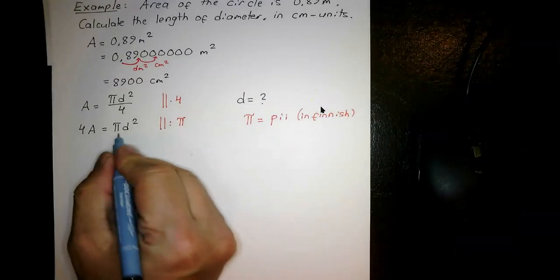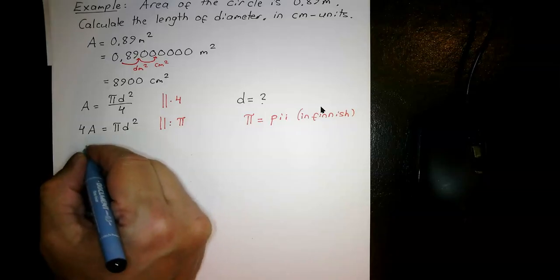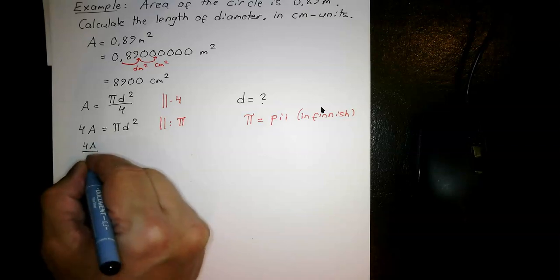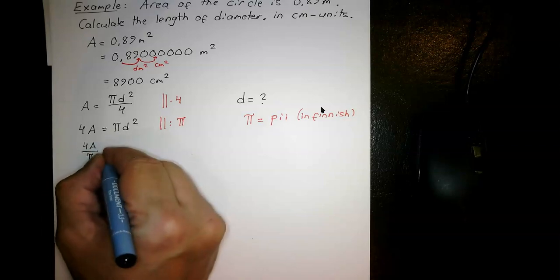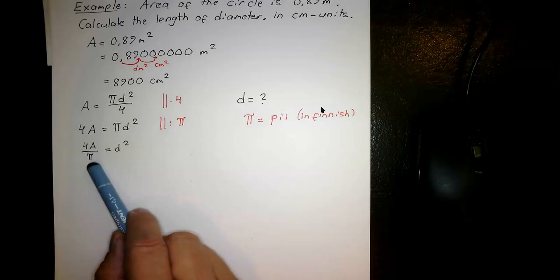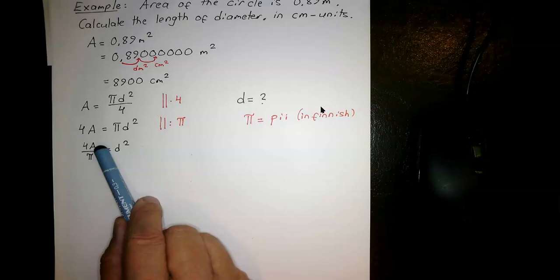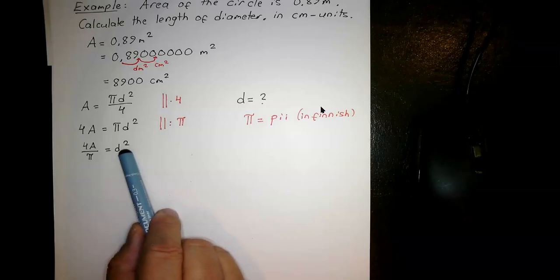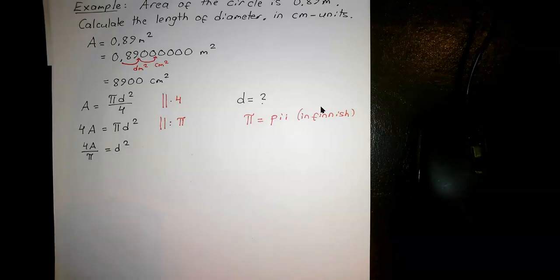And then we divide by pi. We get 4a divided by pi equals d squared. And now we know everything from the left hand side of this equation. We know a, and well, we didn't need anything else, so we can calculate what is the d squared.